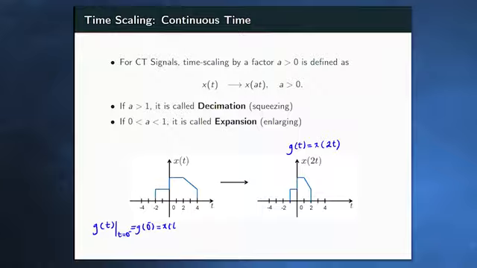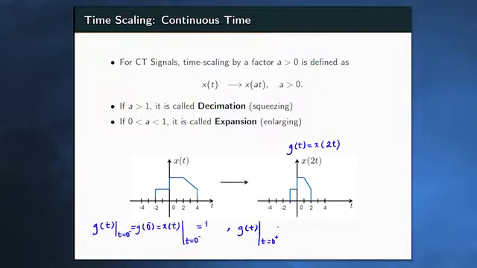That's equal to x of t at a time point slightly less than 0, for example, negative 0.0001, something like that. It's a number close to 0 but slightly less than 0. The value of x of t for this time point is equal to 1, and g of t for t equal to 0 positive.